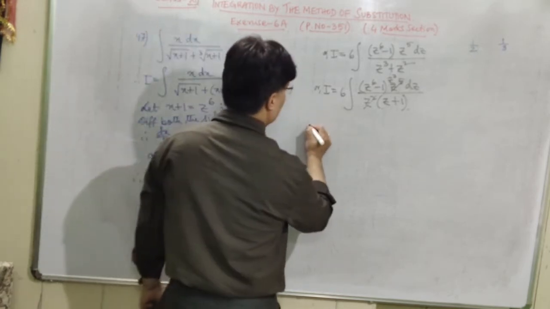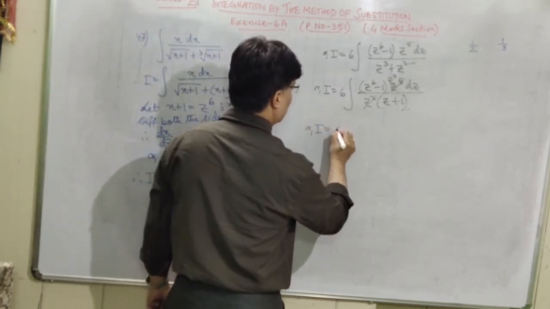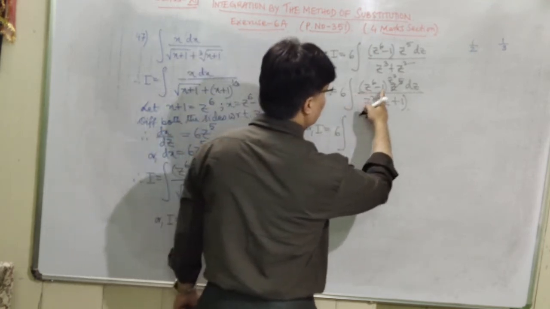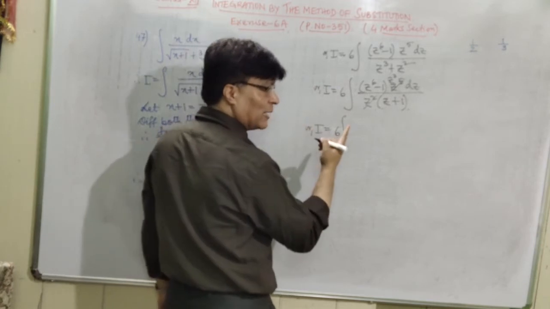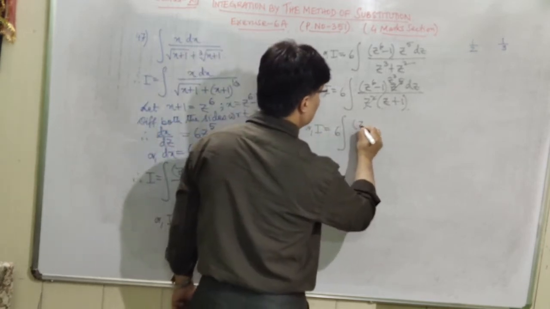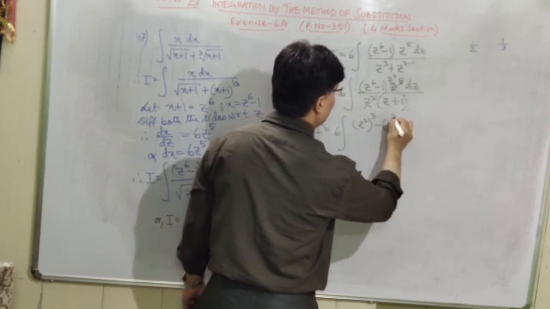Okay. So now you can simplify it further. So it is 6 integration of, now this is your a cube minus b cube. You know a cube minus b cube, isn't it? That is z square whole cube minus 1 whole cube.